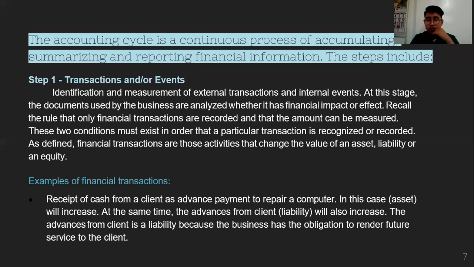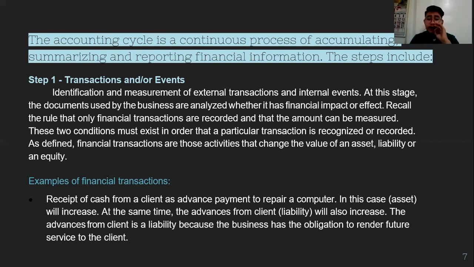In our previous topics, we discussed that asset must be equal to liability plus equity.